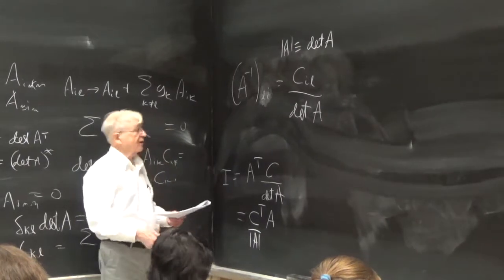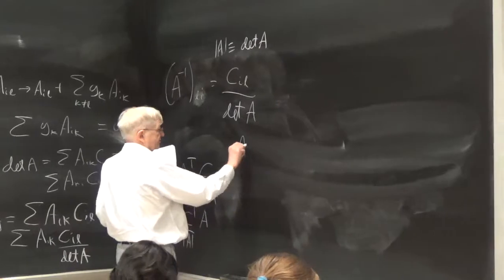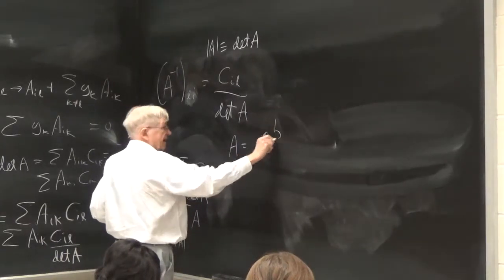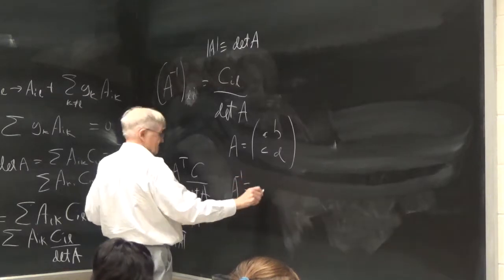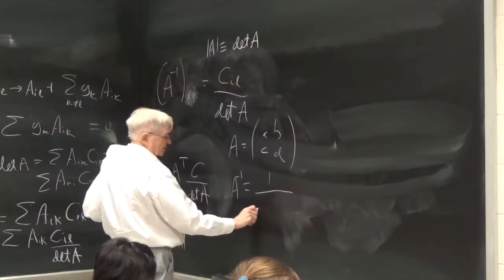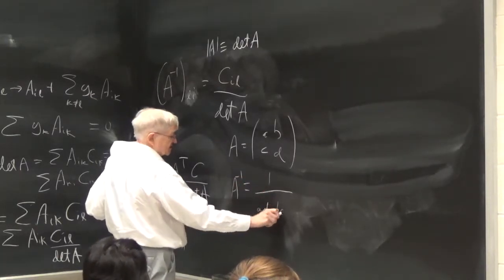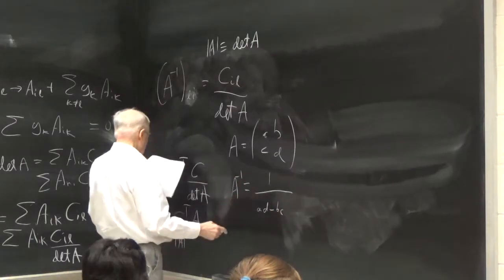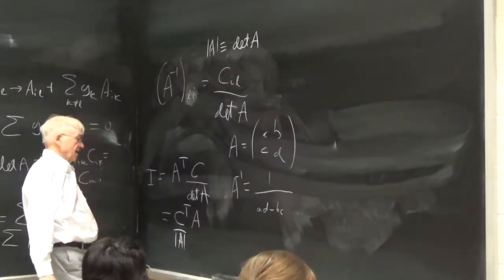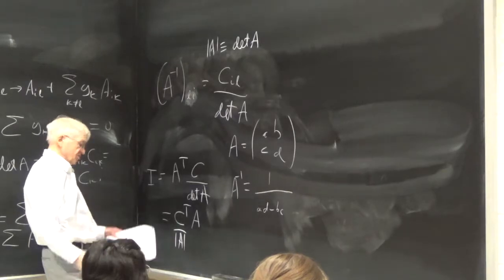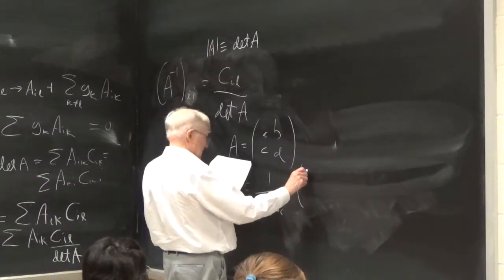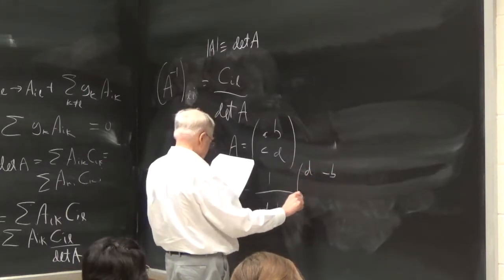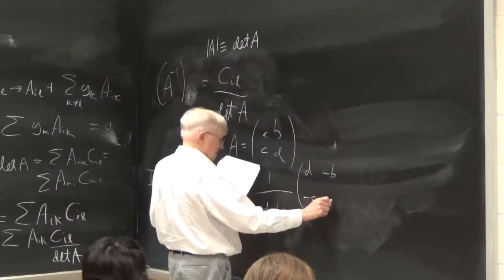And so in particular, if A is equal to (a, b; c, d), A inverse is equal to 1 over the determinant, which is ad minus bc, times the transpose of the matrix of cofactors. Well, one can compute that and one finds (d, minus b; minus c, a).